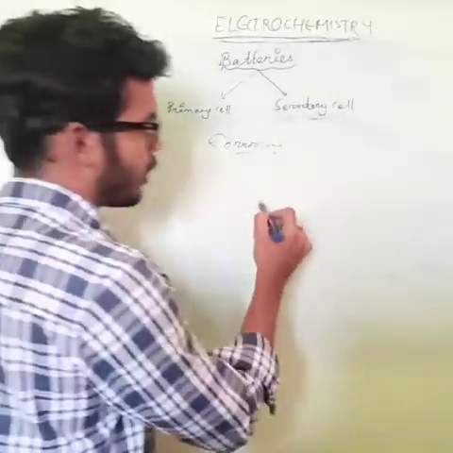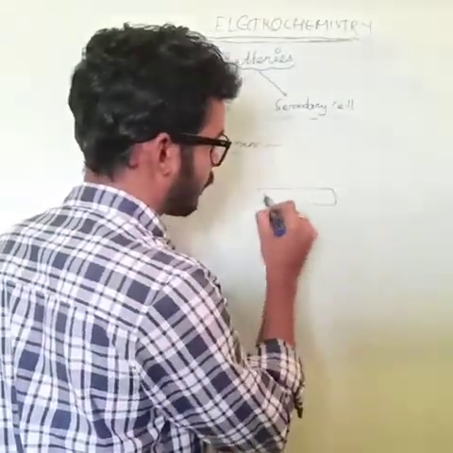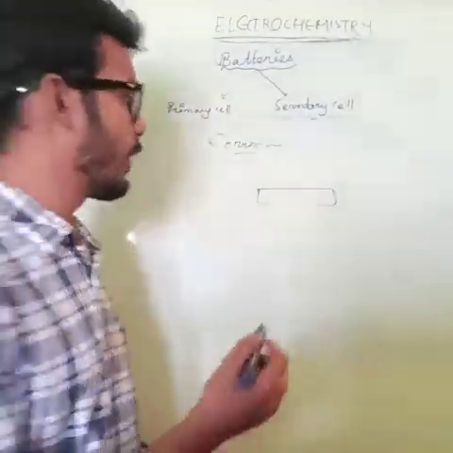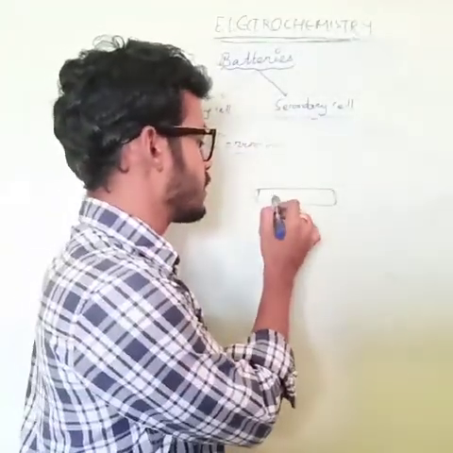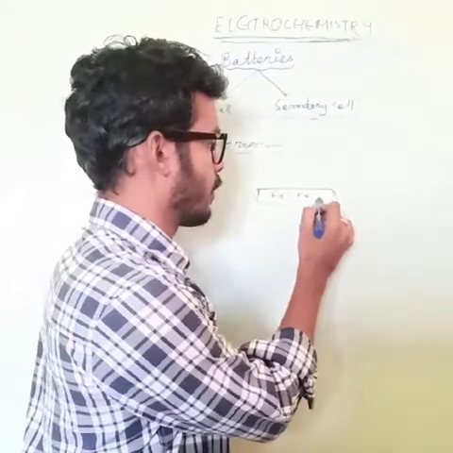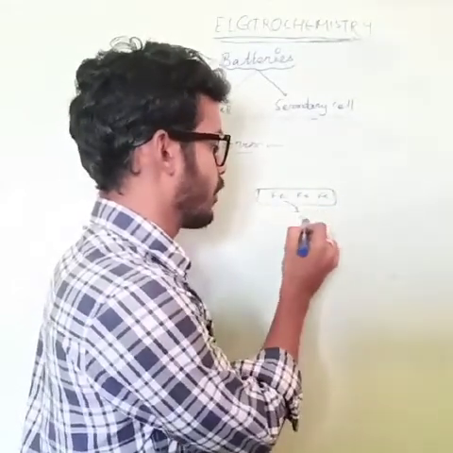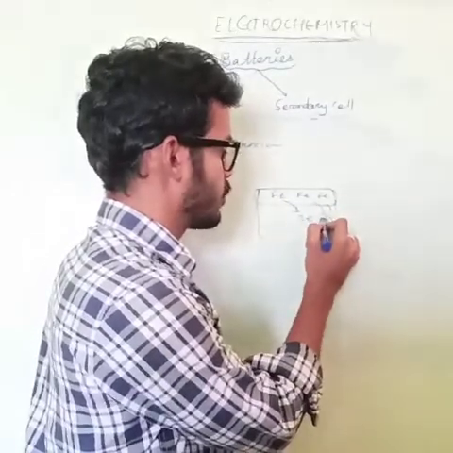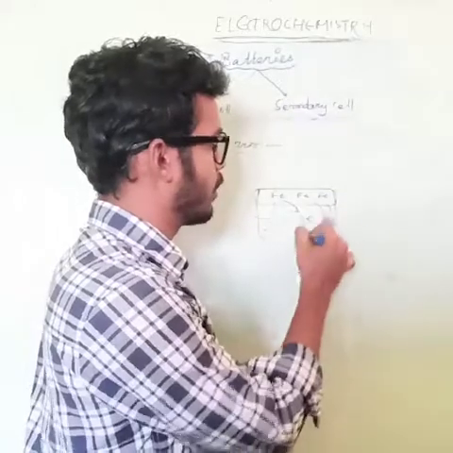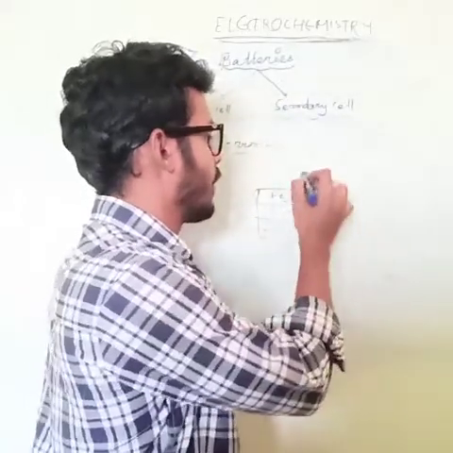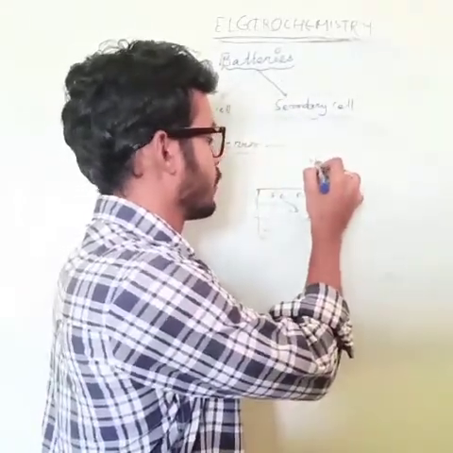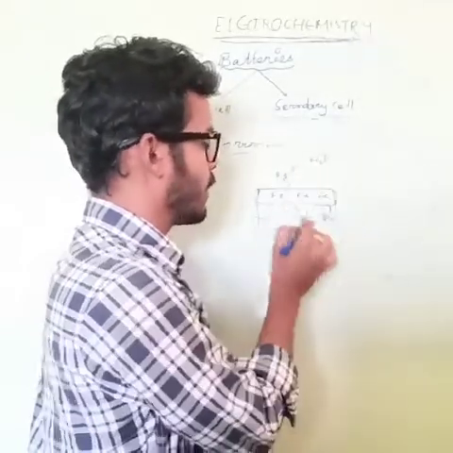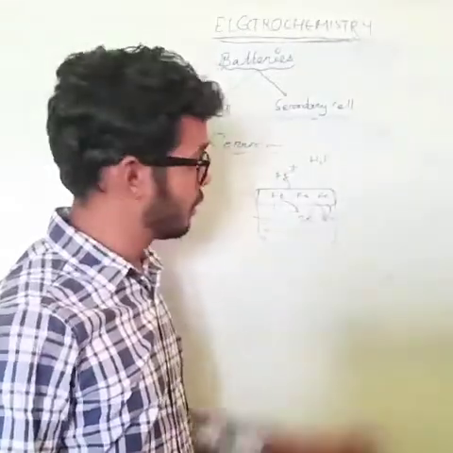If you take a piece of iron and keep it in atmospheric conditions, someday rusting of iron will happen. How? See, this is the Fe. It loses electrons. This is pure iron, and it will come to Fe2+ by losing electrons.